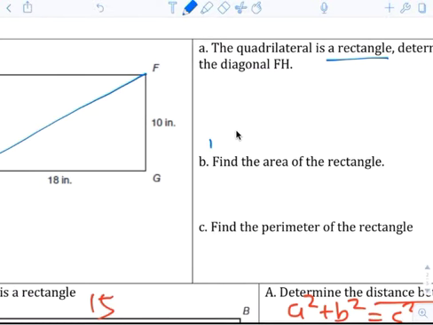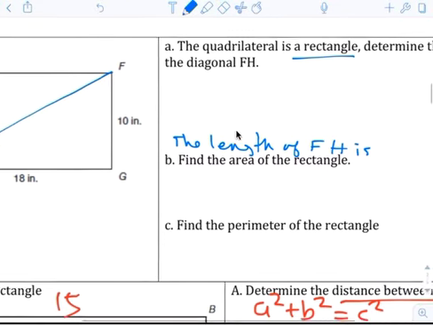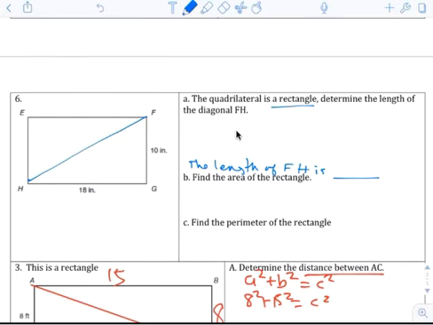So the length of FH is a squared plus b squared equals c squared. You take the two legs, 18 squared plus 10 squared equals c squared, and you finish that.